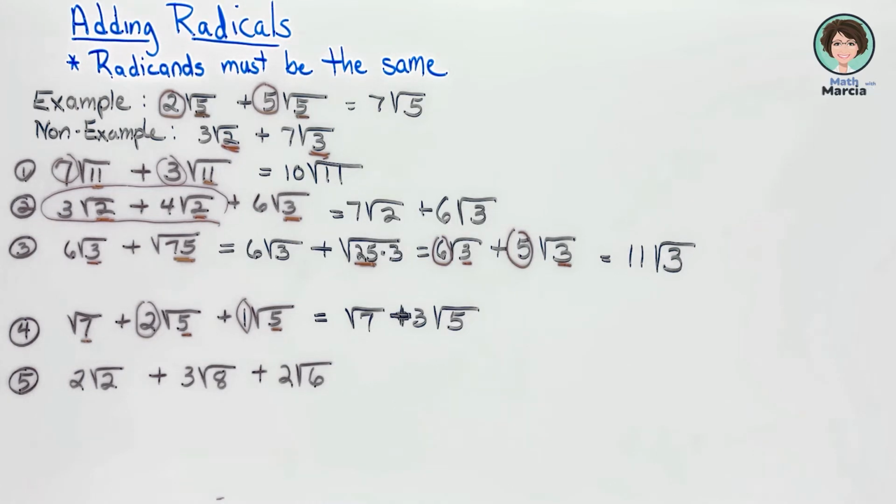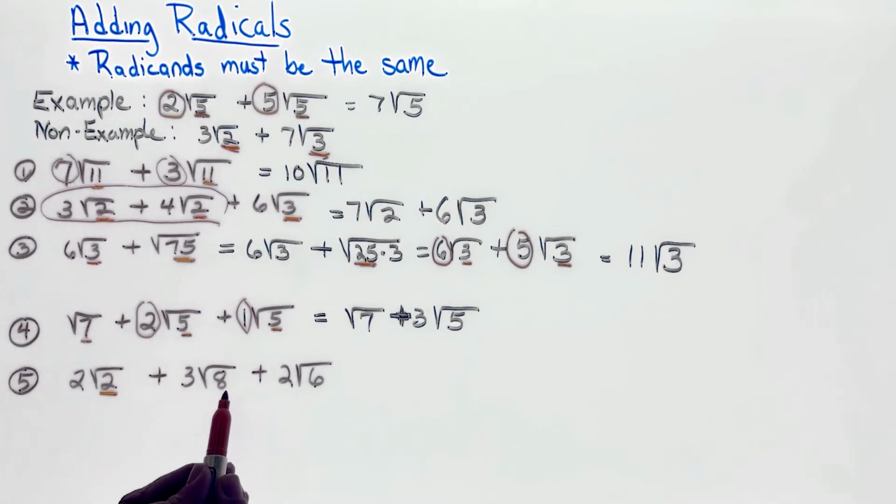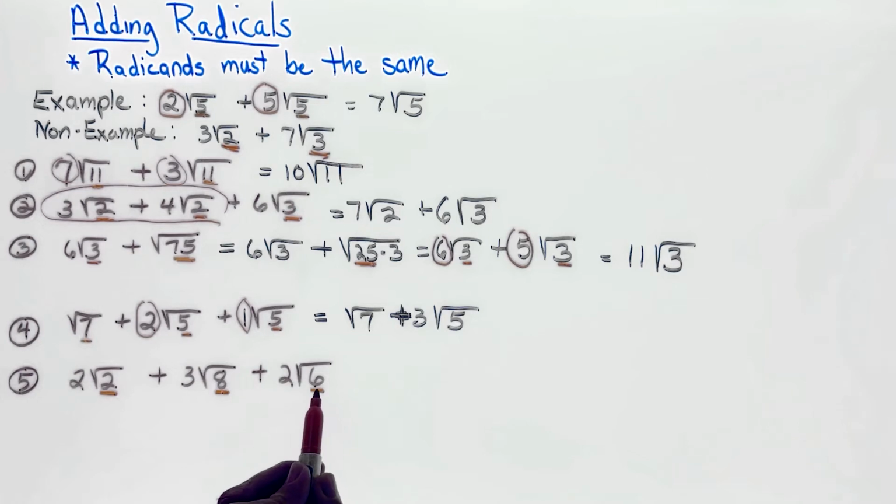And last but not least, let's look at number 5. So I have a 2 as my radicand, I have an 8 as my radicand, and my 6. Well, my 2 and my 6 are in simplest form, but I know the square root of 8 can be simplified.